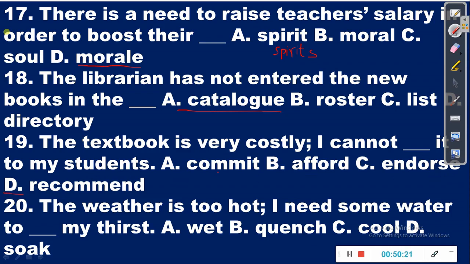Then the option that is appropriate is D, which is recommend. You know, to recommend is actually to put forward something or somebody with approval as being suitable for a particular purpose or role. Example, you talk of the recommended textbooks. So actually, a teacher can recommend certain books to the students.